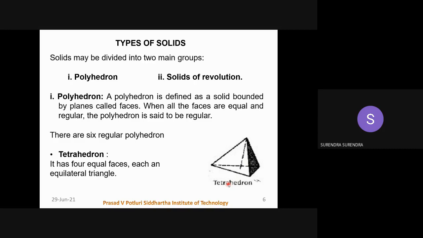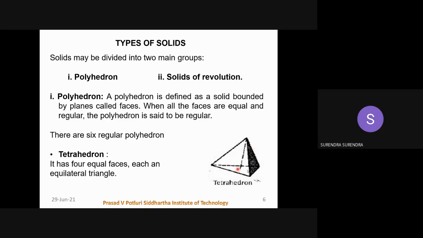An object surrounded by 6 squares, all of them equal in shape and size, is a cube. Similarly, when an object is formed by 4 equilateral triangles, then it is called a tetrahedron.